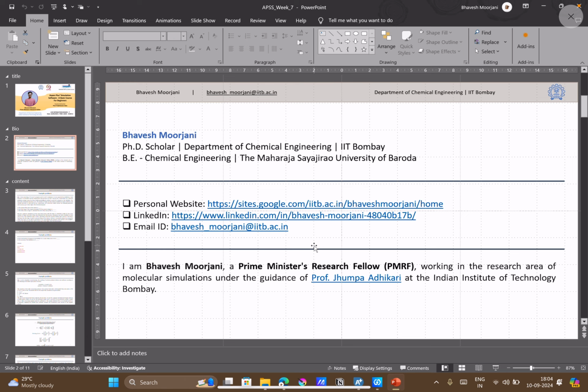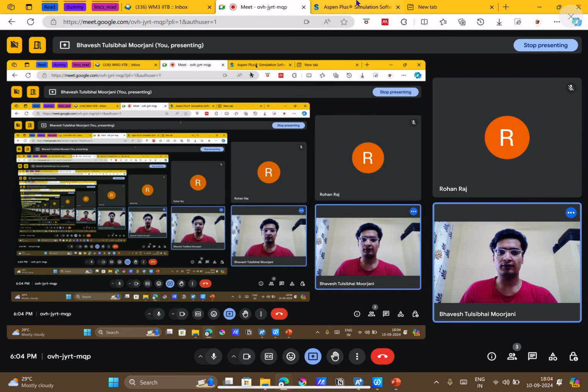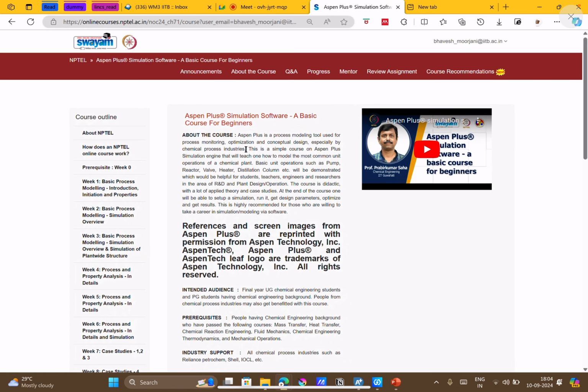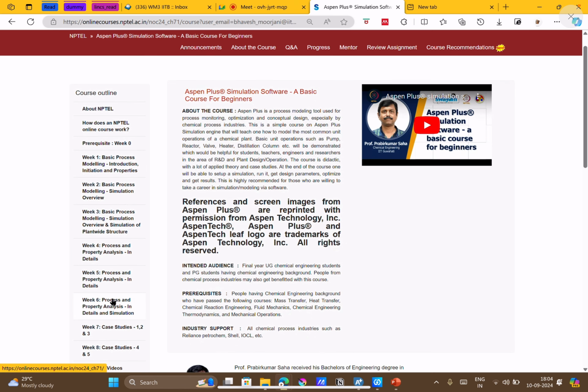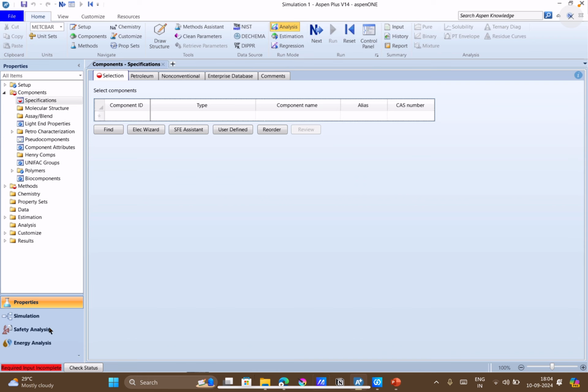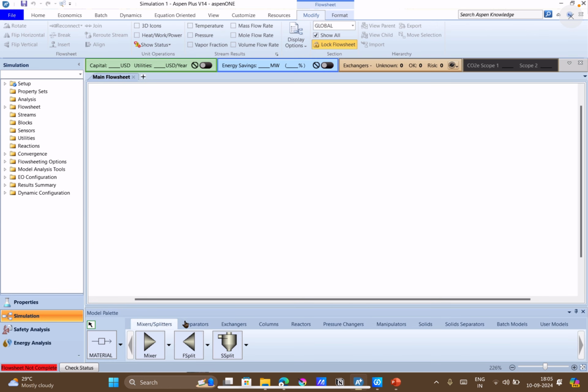If you have been following and attending lectures regularly, what you will see in the course outline by Professor Saha is that what we have done till week 6 was to do process plant simulation of some models of the Aspen Plus to get familiar with them. We have dealt with all of these models available in Aspen Plus, be it separator, mixer, distillation columns, adsorption columns.